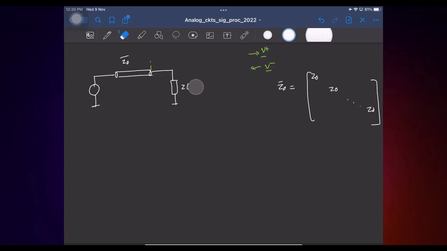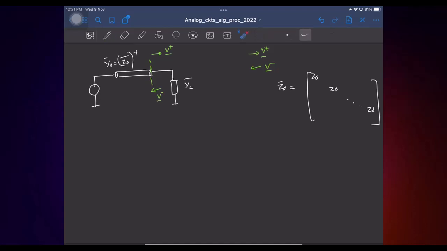And this you will replace by, say, an admittance matrix YL, and let's call this Y0 to be Z0 inverse. Okay. So at the end of the line you will have a forward wave, but that's now a vector. Similarly, a reflected wave, which is again a vector. So we'll do the same thing, right?